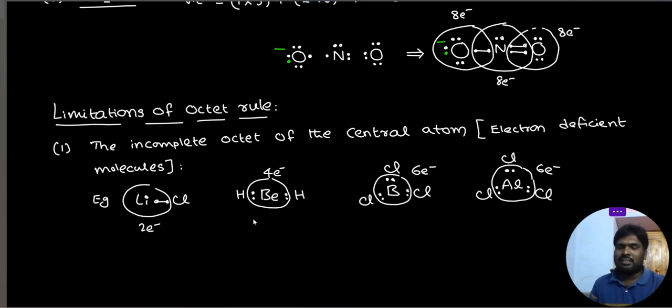So these are some examples. Around the central atom, particularly lithium, beryllium, boron, aluminum, less than 8 electrons are present. These are deficient molecules or incomplete octet.